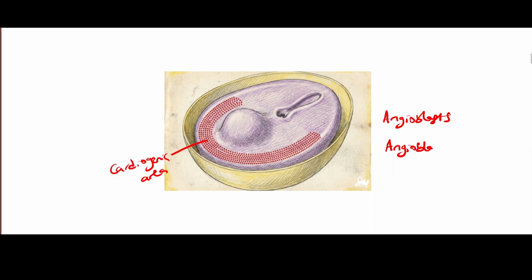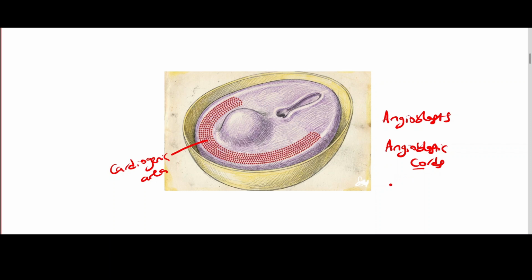Okay, so at this point, they are solid without a lumen, but eventually they undergo the process of canalization, and eventually they develop a lumen. They become a hollow structure.